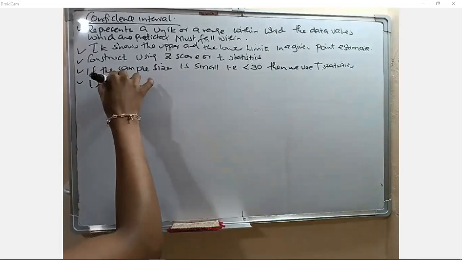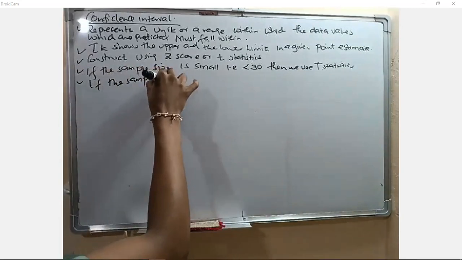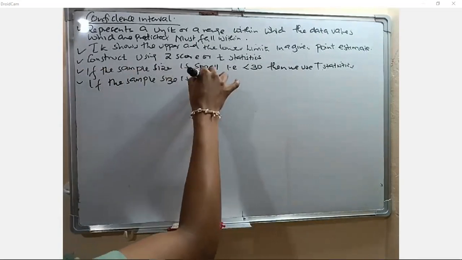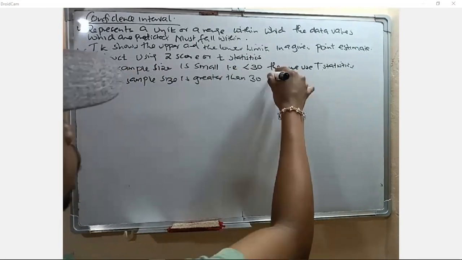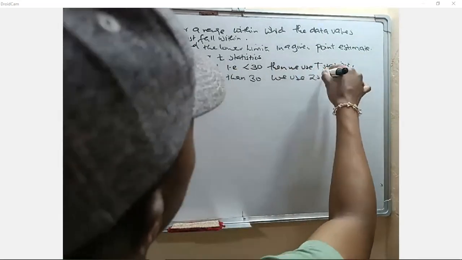If the sample size is greater than 30, we use Z-score.